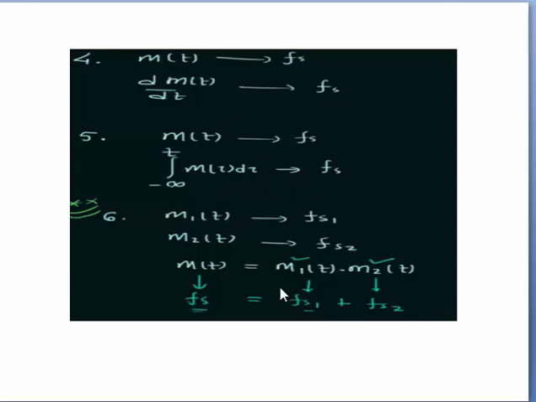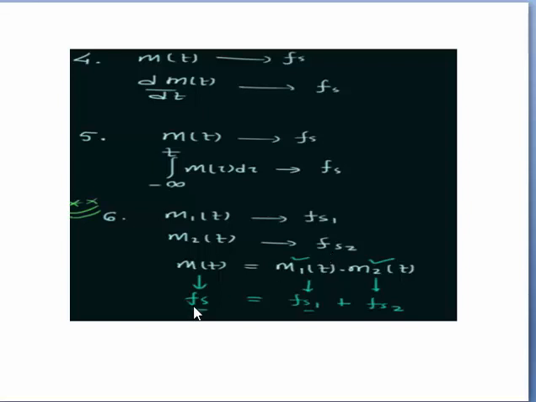Now the last property, this property is very important. Along with this property, the third property is also very useful. Let us take two message signals, one is m1 of t and the second one is m2 of t. The Nyquist rate of m1 of t is Fs1 and the Nyquist rate of m2 of t is Fs2.